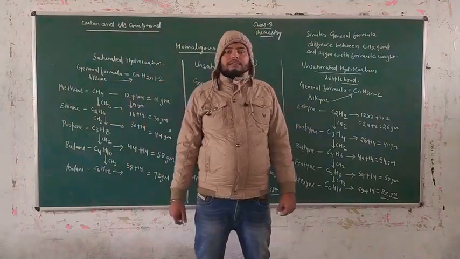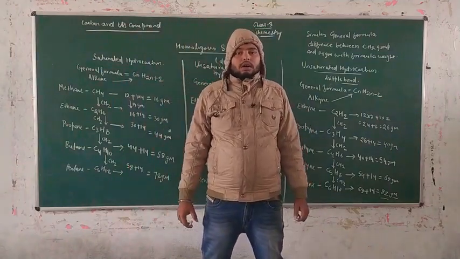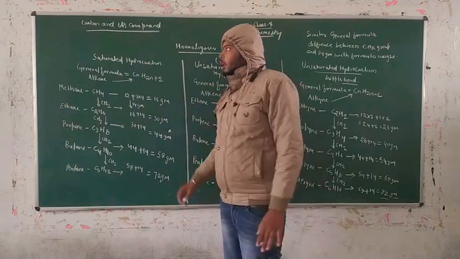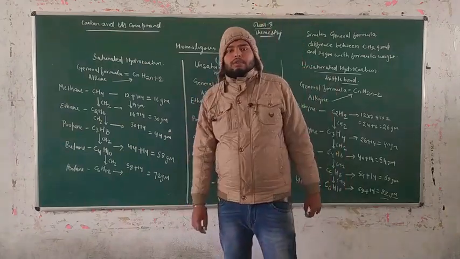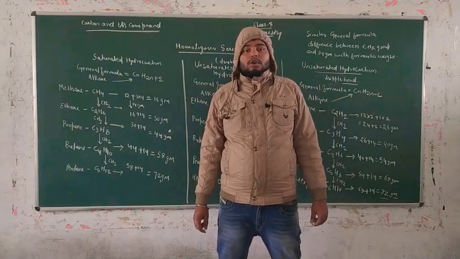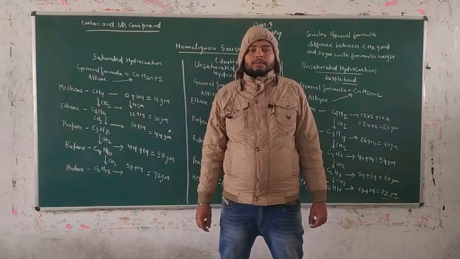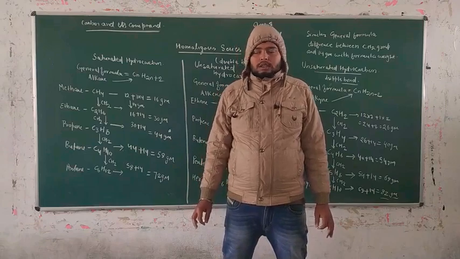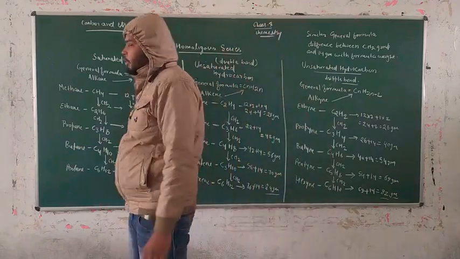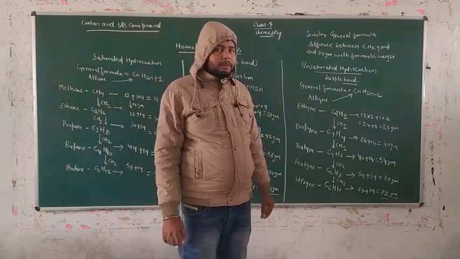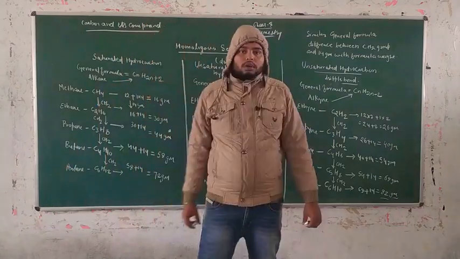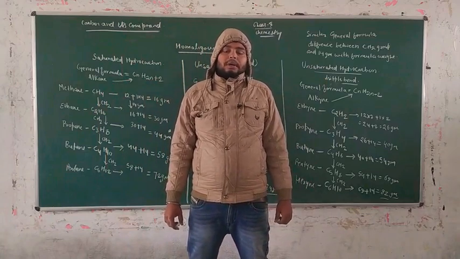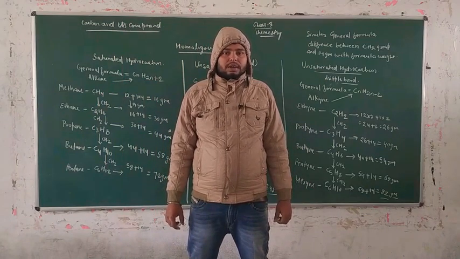After this, guys, we have to discuss another concept and the most important topic of this chapter, carbon and its compounds. We have to study the concept of isomerism. This is just like the formation of homologous series. In the concept of isomerism, we study compounds that have the same molecular formula but a different structure.